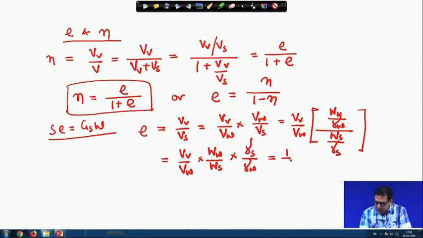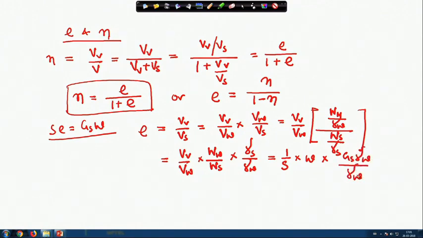So, this is 1 by S, and weight of water divided by weight of solid is the water content. And I know that unit weight of solid is equal to G S into unit weight of water, so this is unit weight of solid divided by unit weight of water.